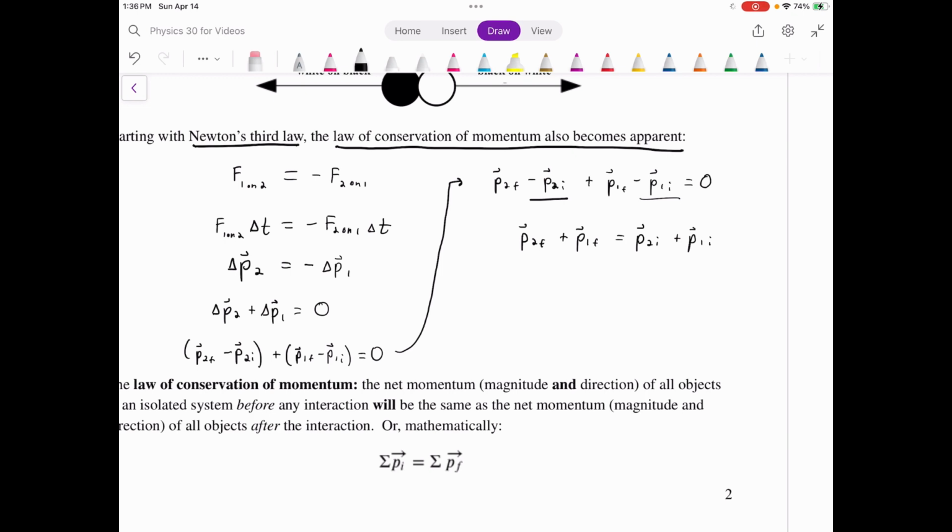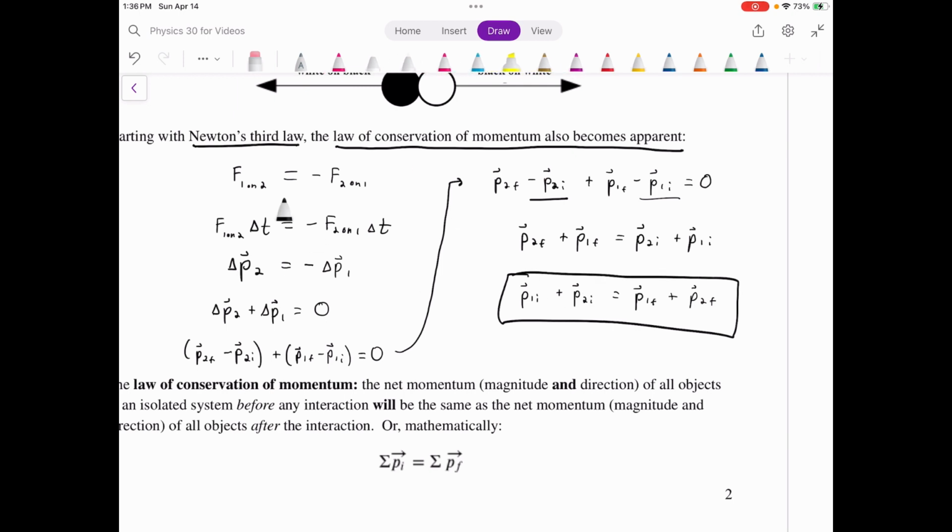So see what we're saying here, right? If I rewrite this a little bit, the initial momentum of object 1 plus the initial momentum of object 2 will be equal to the final momentum of object 1 plus the final momentum of object 2. This is the law of conservation of momentum. It just came from Newton's third law and what we know about impulse.